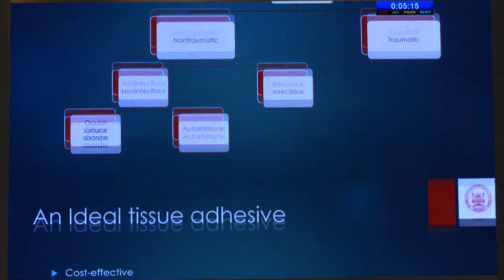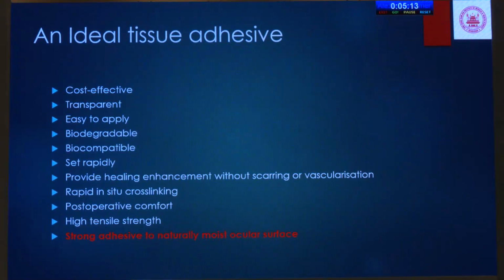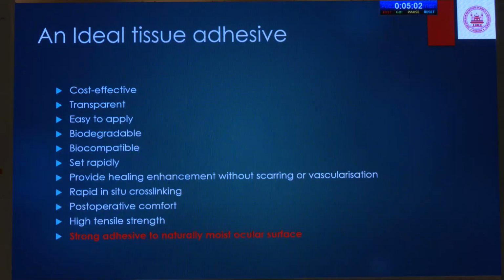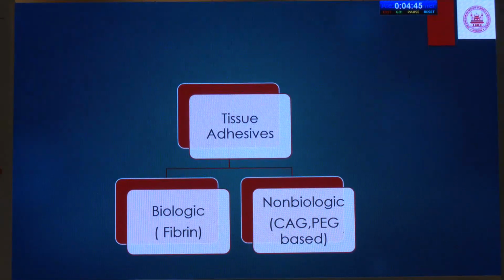So we are yet to find the ideal tissue adhesive, which has to be cost effective, transparent, easy to apply, biodegradable, biocompatible, should set rapidly, provide healing enhancement, in situ cross-linking, and should also have post-operative comfort. Most importantly, it should be a strong adhesive to the naturally moist ocular surface, because most of the tissue adhesives require a dry ocular surface, which is difficult to achieve.